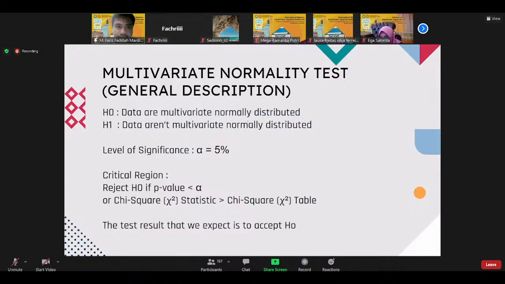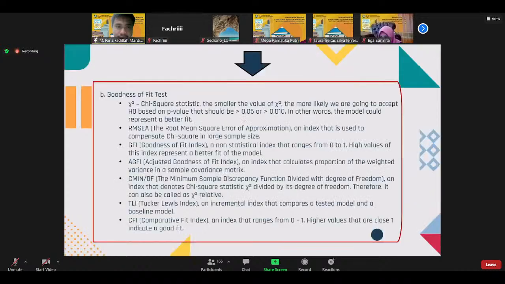And then this is the multivariate normality test as a general description. Okay, the goodness of fit measures are R squared, RMSE, etc. And the goodness of fit test has a cutoff value. This is the cutoff value.